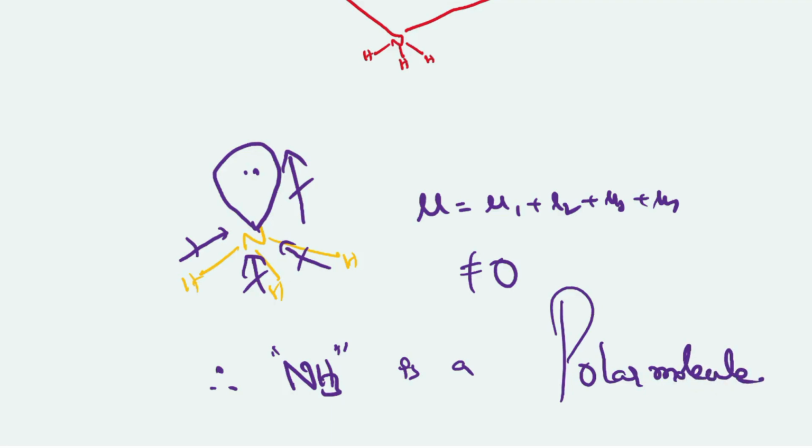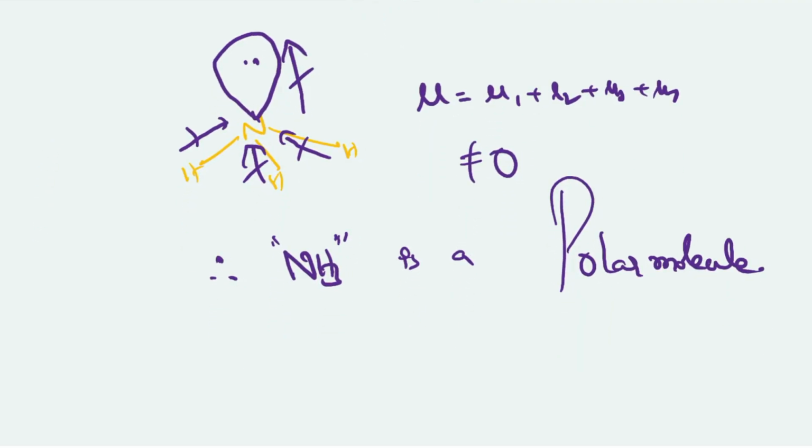And one more doubt I have. Sir, ammonia is a polar molecule, correct? Does it have a polar bond? The molecule is polar because the net is not 0. Is the bond polar? Yes, sir. Between two different atoms, the bond that forms is a polar bond. Between H and H, the bond is non-polar.